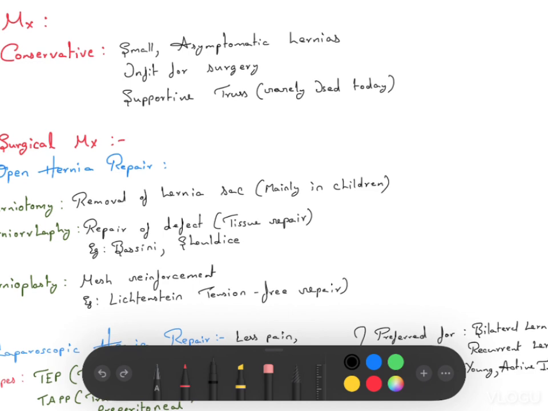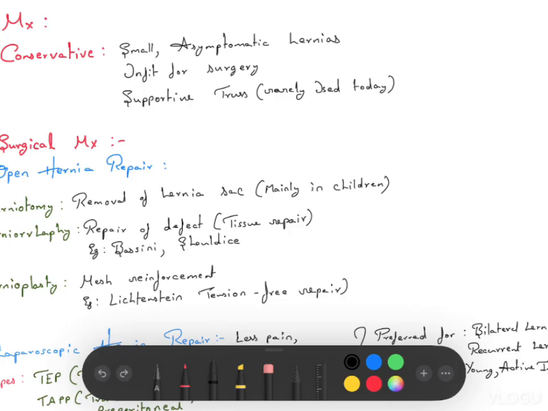So next we can see management, conservative management. When can we observe? Only in selected patients, for example very elderly patients and those with severe comorbidities like heart problems, diabetes, hypertension, hyperlipidemia, high anesthetic risk, and minimally symptomatic hernia.